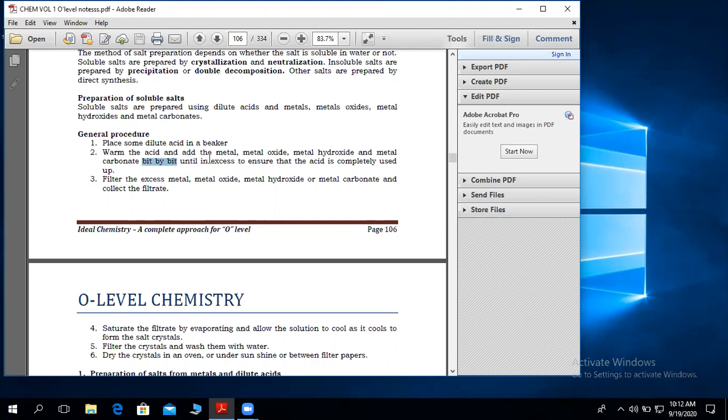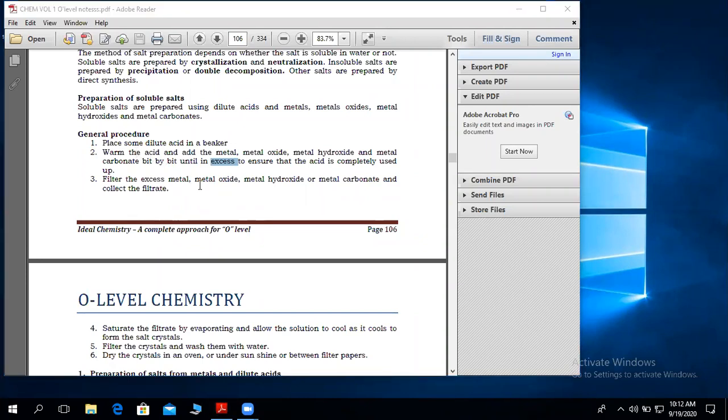This phrase, until in excess, means you add a metal or metal carbonate to an acid slowly. Whatever you add dissolves, but you are going to reach a point when the metal you are adding does not dissolve anymore. That means what you are adding is now in excess.